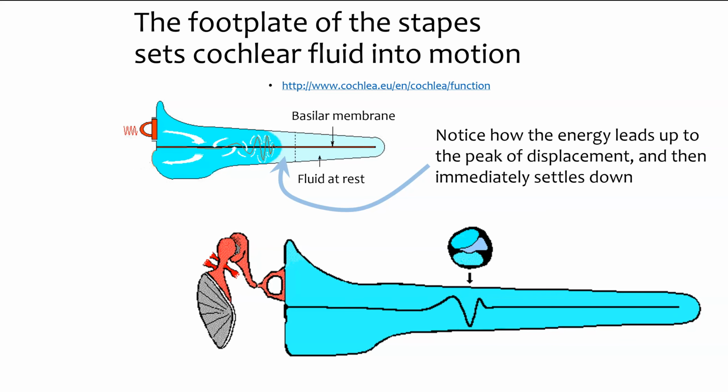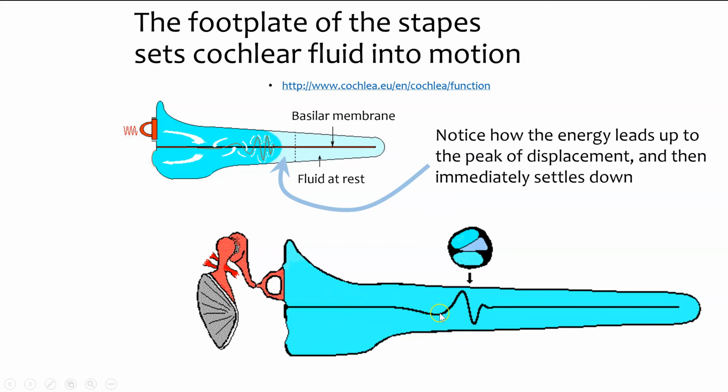What we want to highlight here is the fact that this traveling wave works up to its area of peak excitation, and then it all dissipates. It immediately settles down after that peak. This is different than if you, for example, dropped a stone in a pond, in that you'd see ripples going all the way to the edge of the pond. Here, they find their spot and then they stop.